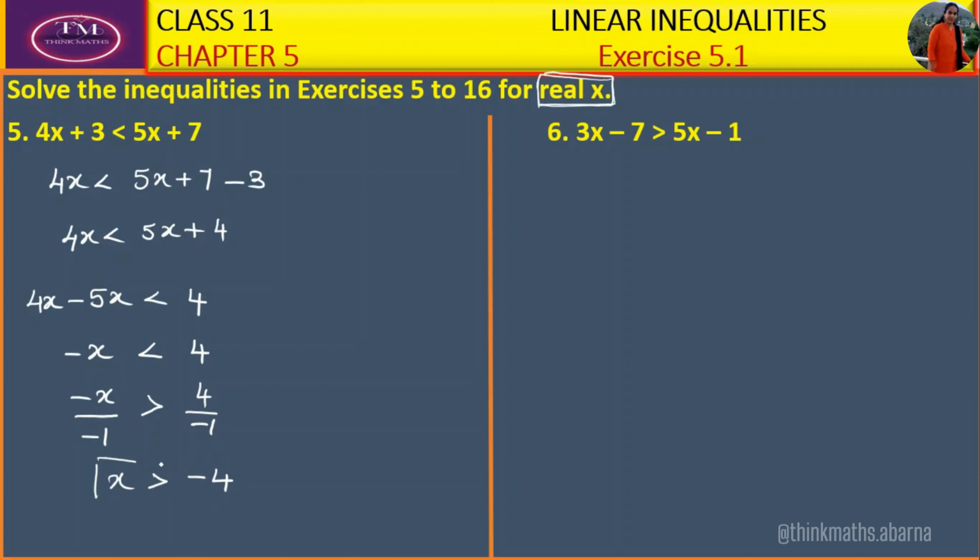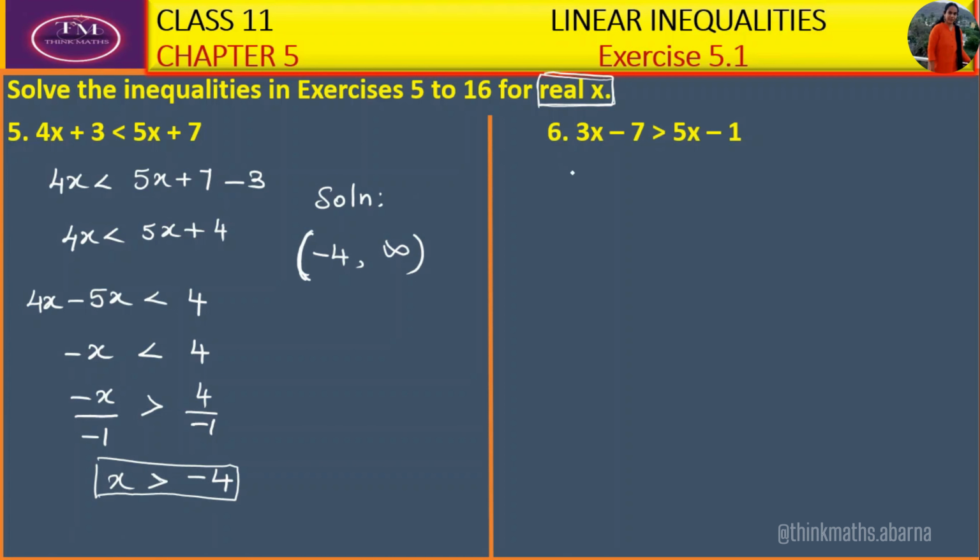So we have x greater than minus 4. As we have greater than, we open with the curly bracket. As it is greater than, this minus 4 comes first and it moves on till infinity. So this is the solution.